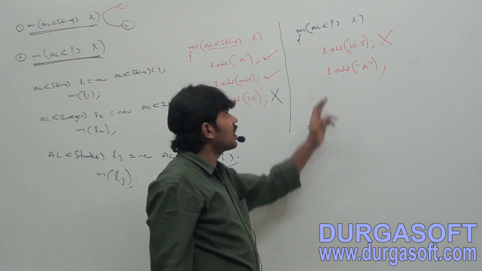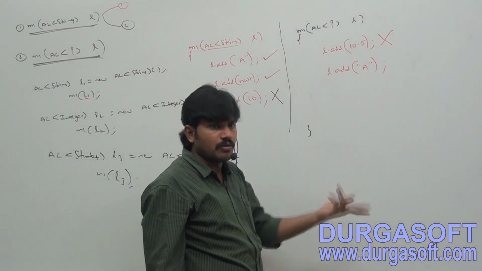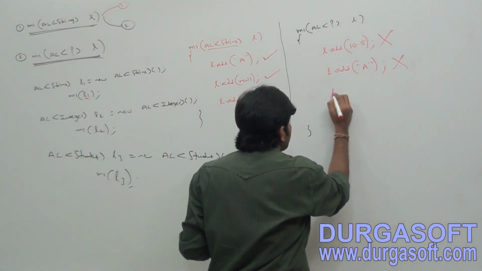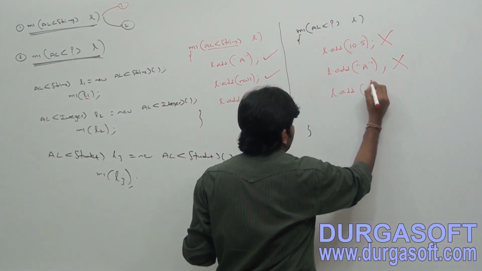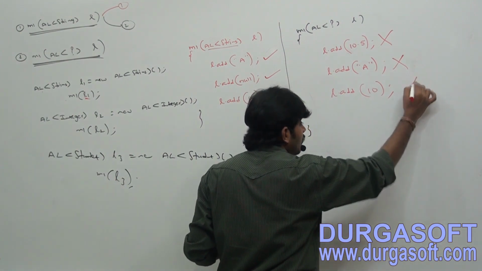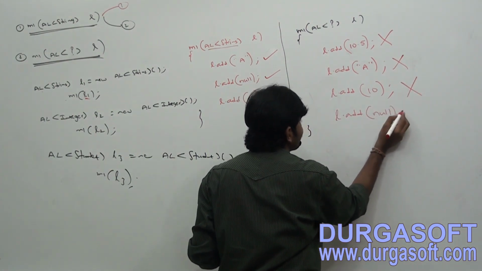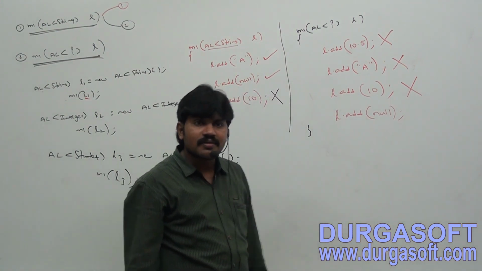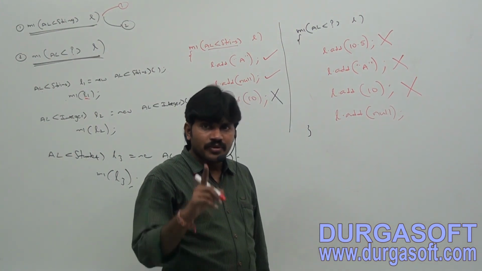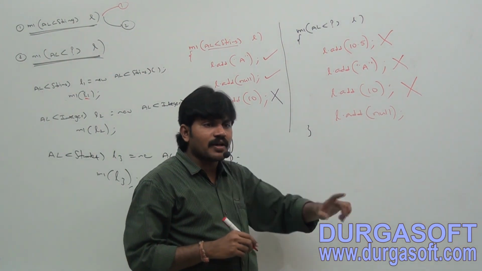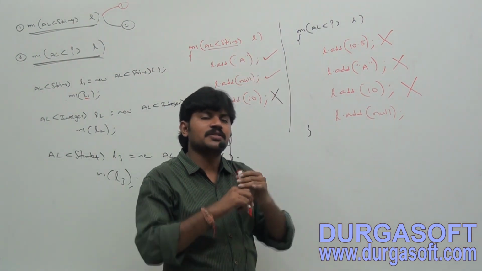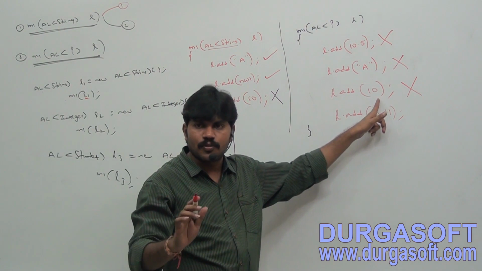Is there any guarantee you are always going to pass a list of String only? No. That's why invalid. l.add(10), invalid. l.add(null), valid or not? Why is null allowed? Because null is a valid value for any type. You can pass anything, null is allowed for the type, no problem at all.